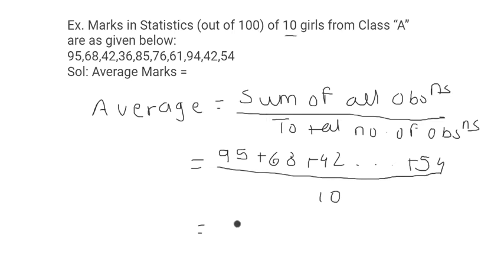So what is the sum of all observations? That is 653, divided by 10, which is equal to 65.3. So using this single value, I can easily interpret that the performance of the girls from class A in terms of marks is above average.